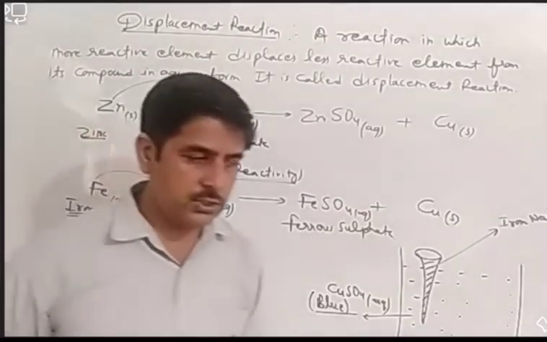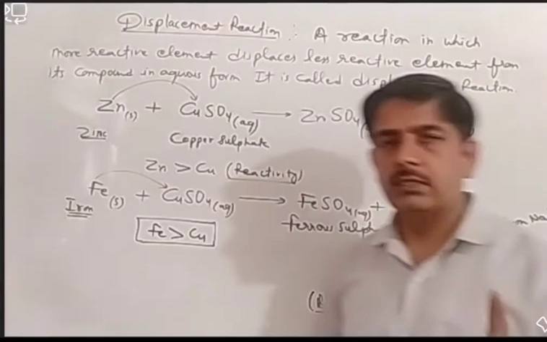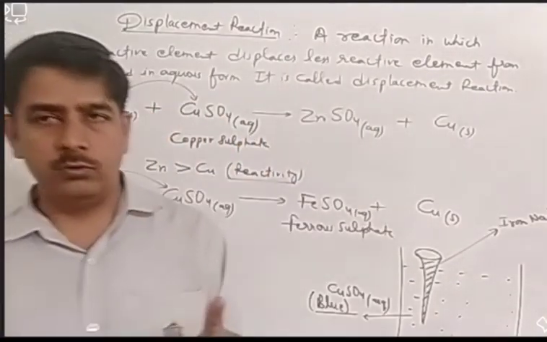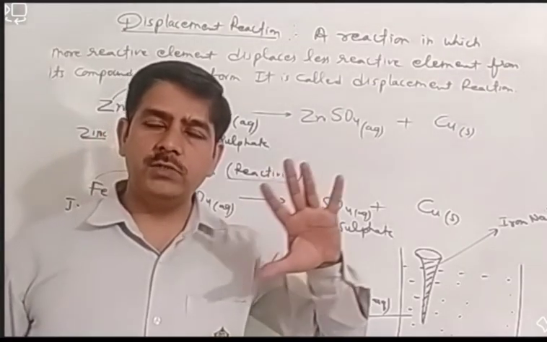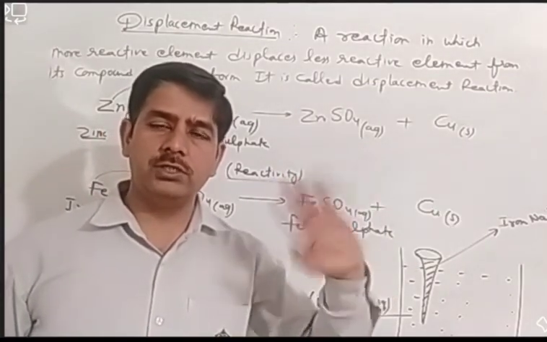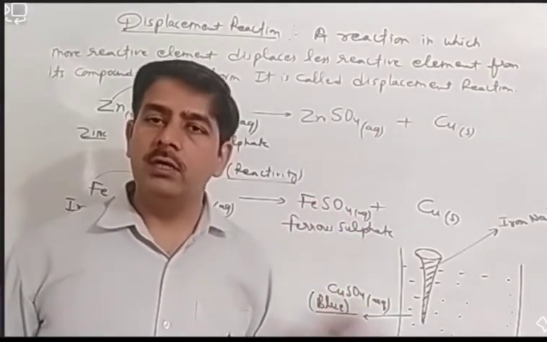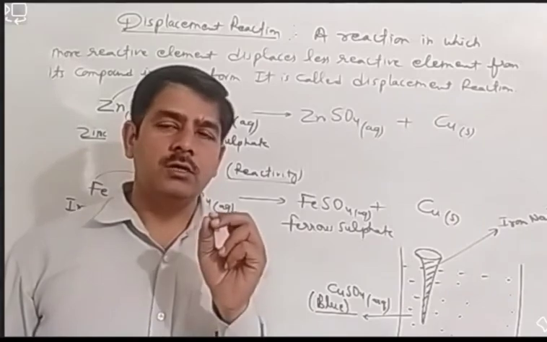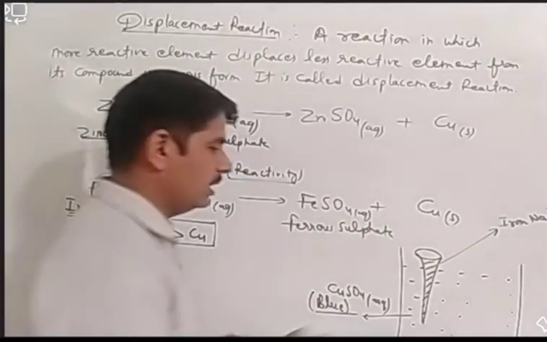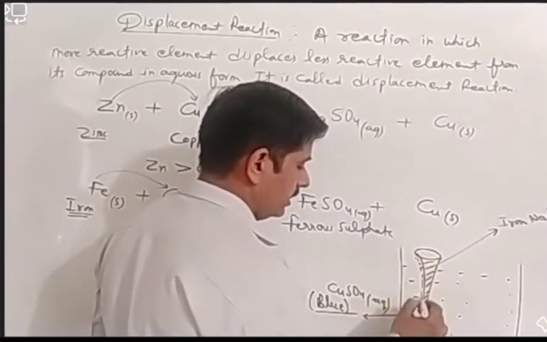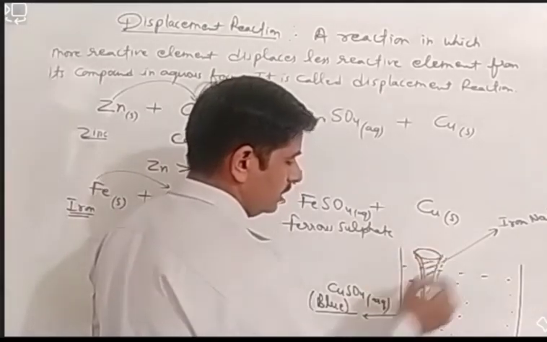Copper wire, have you seen copper wire? It is golden brown, because it is the wire we use in conduction of electricity, or electrical wiring. That golden brown color will deposit on this iron nail, and the color of this iron nail will become brown as well.